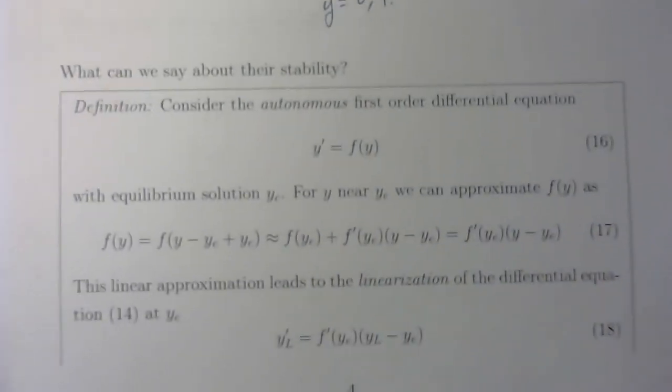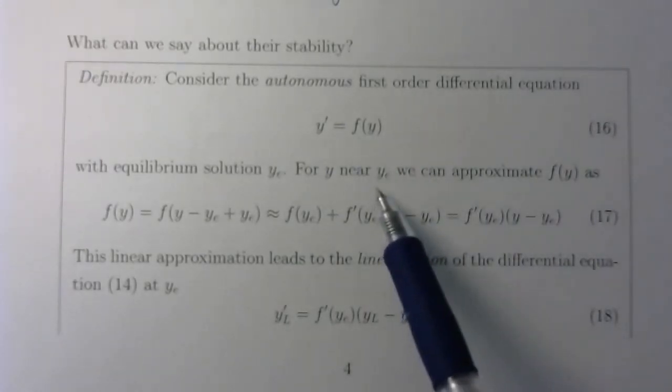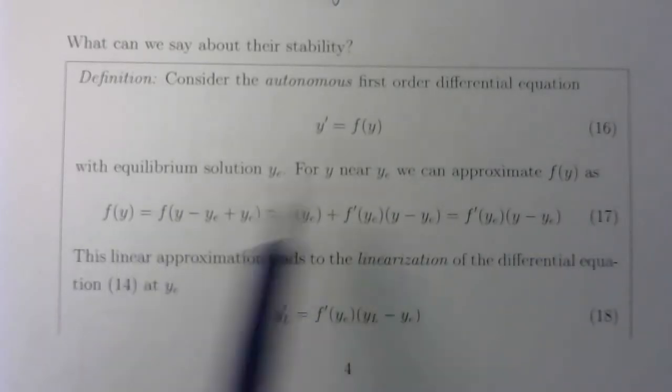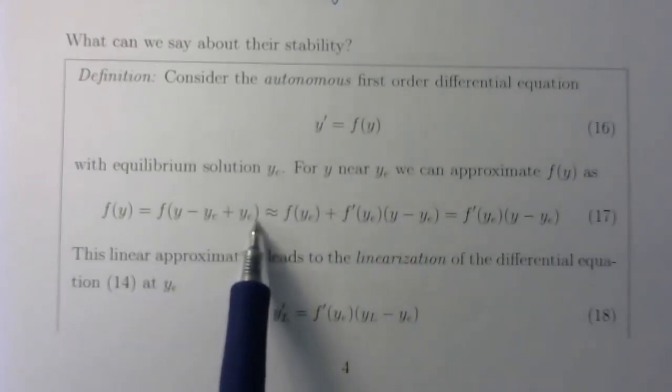So I have, again, just looking at an autonomous system, and I have an equilibrium I want to approximate around, call that y_E. I can notice that f of y, the right-hand side of the differential equation, can be written equivalently by adding and subtracting the equilibrium in the argument. But then I can do a Taylor expansion here.